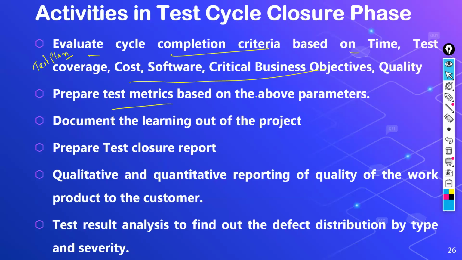We'll prepare the test metrics, then we'll document the learnings out of this project. We'll prepare test closure report. We'll go with the qualitative and quantitative reporting, right? Qualitative and quantitative reporting, as in like how many defects were there, defect distribution report, what type of defects were there, right?